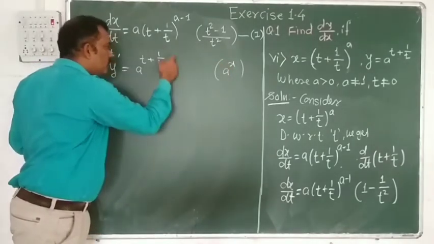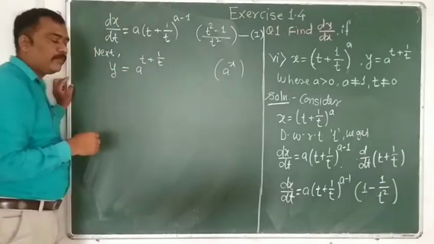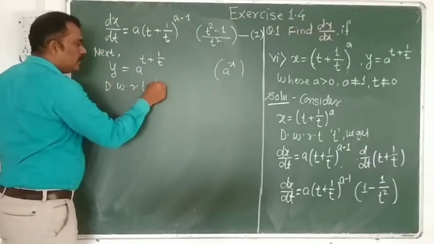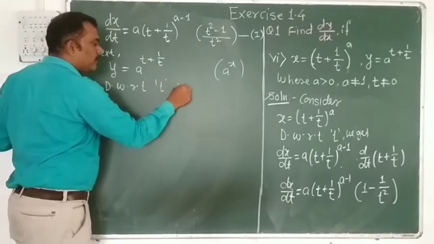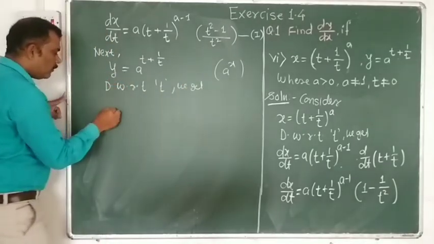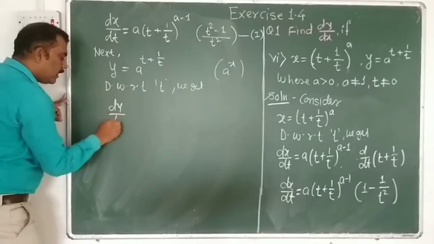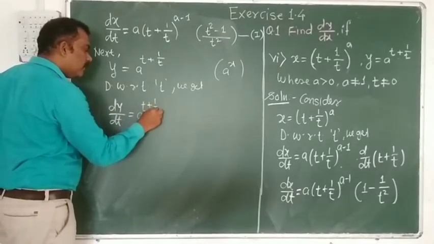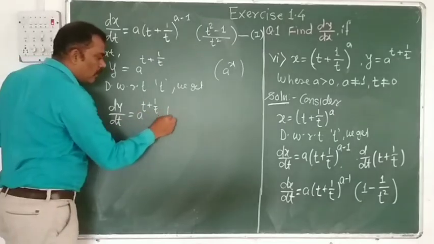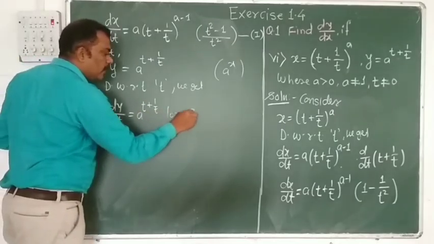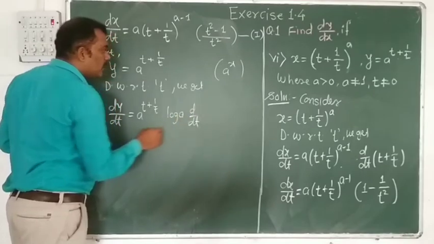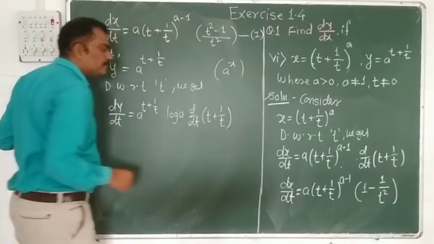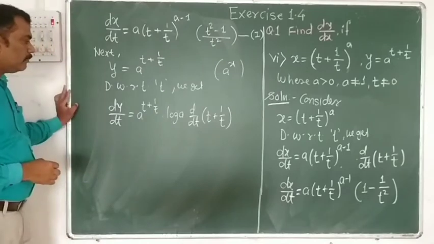Instead of x we take t plus 1 upon t, so differentiating with respect to t, dy by dt is equal to a raised to (t plus 1 upon t) into log of a into d by dt of (t plus 1 upon t).